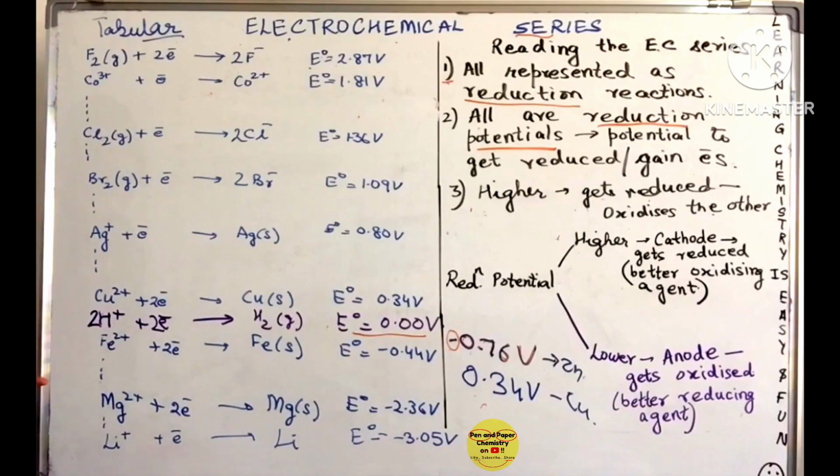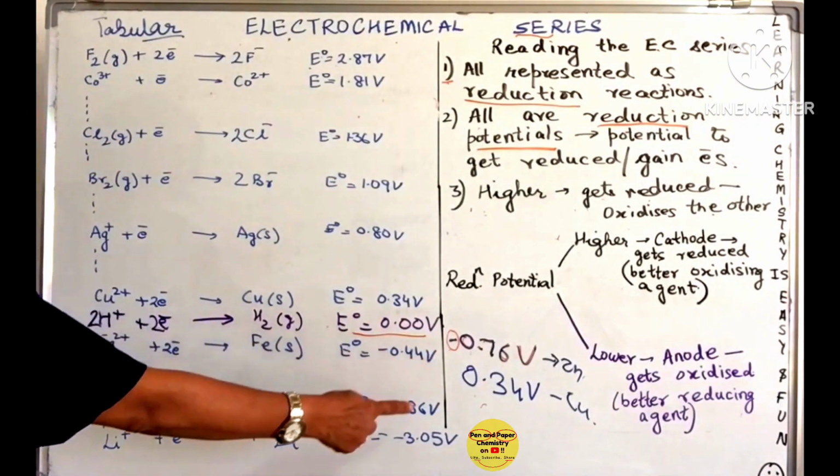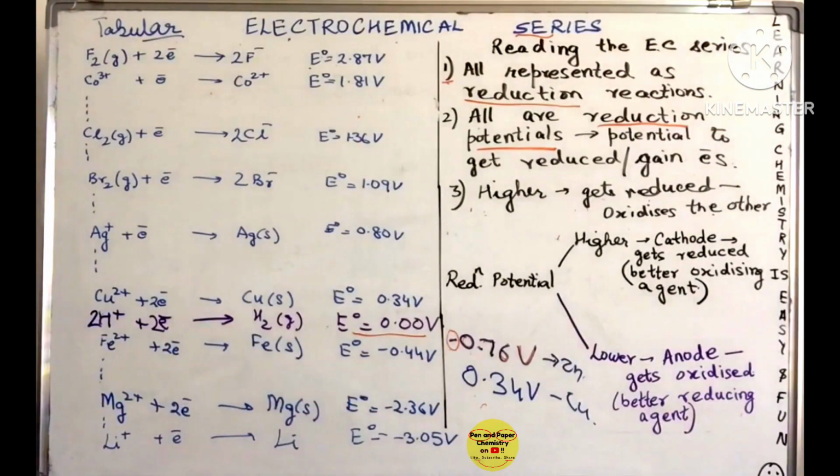Go ahead now. Let's say we compare iron and magnesium. Now both of them have negative values. So which one of these is higher? Which one is lower? Perfect. Negative 0.44 will be bigger than negative 2.36 volts. Sorry about that.